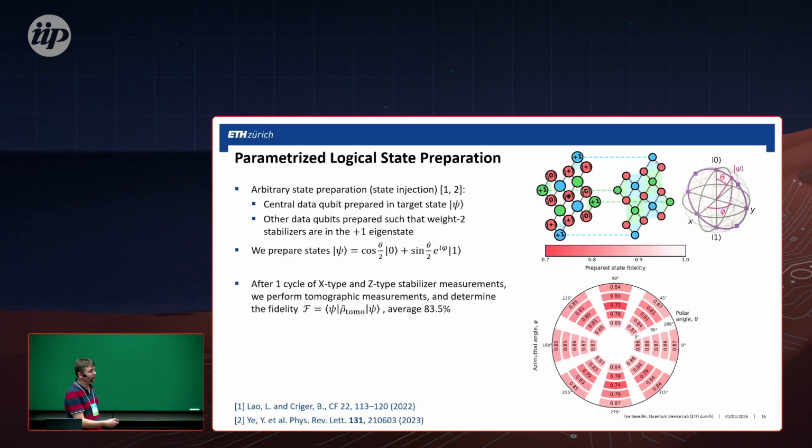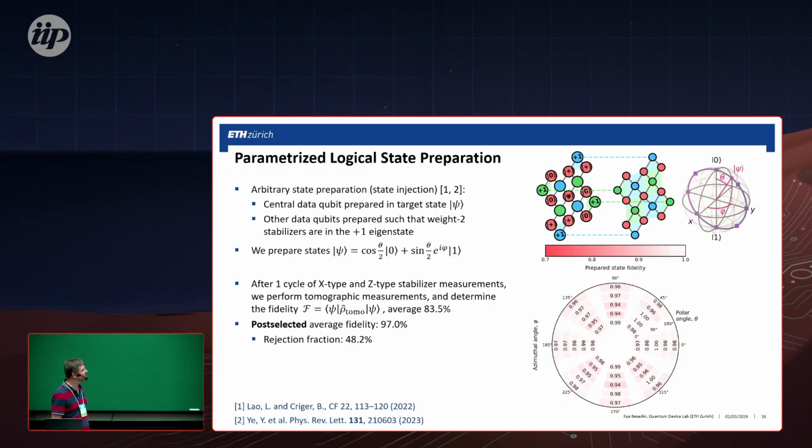You do one round of stabilizer measurements. In this round, you don't know what the outcomes of these 4 stabilizers will be, but after one round it's determined, and then you can immediately read out the qubits and see what the state fidelity of your surface code is. We get something like 85%, and the worst states are actually Y operator eigenstates, because they're susceptible to both bit flip and phase flip errors.